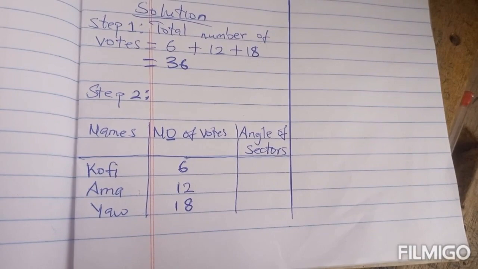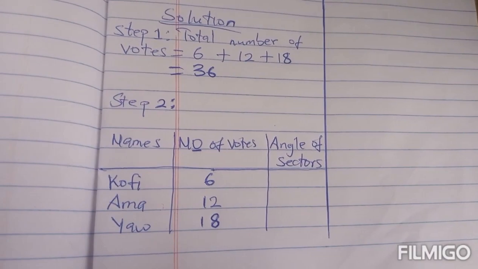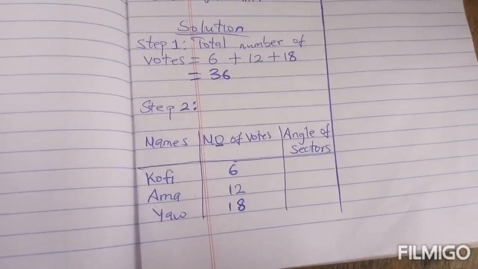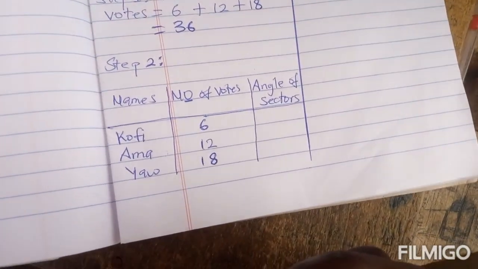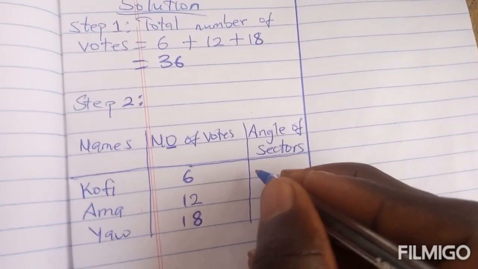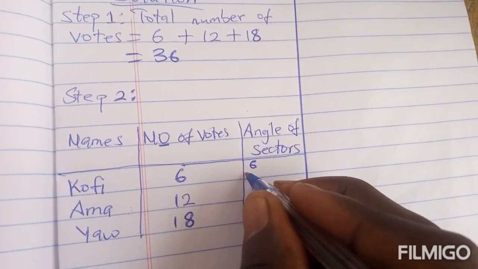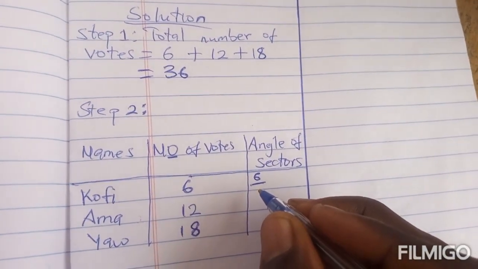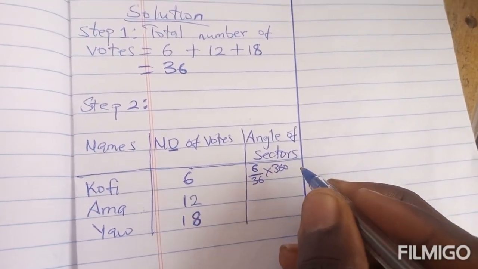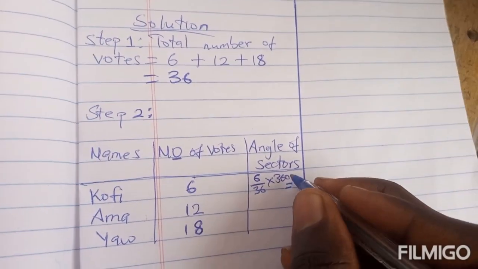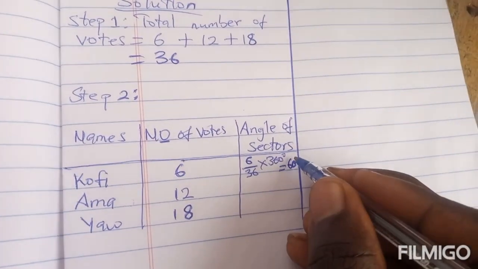Let's remember the second step: a category's value over the sum of the category values, multiplied by 360. So the category value is 6, the total is 36, multiplied by 360 degrees. The answer is 60 degrees.